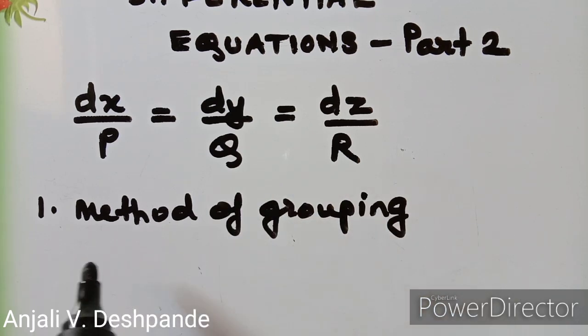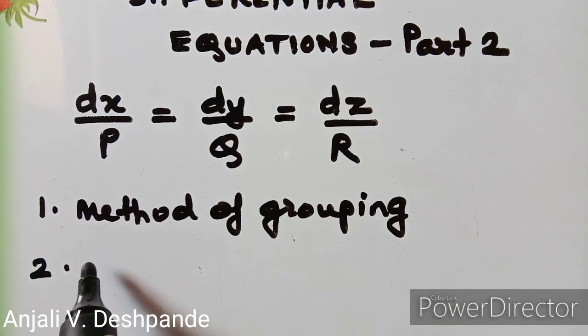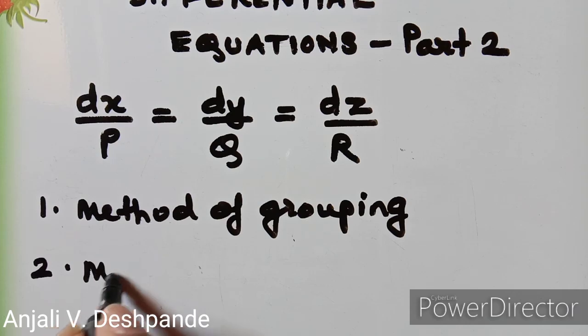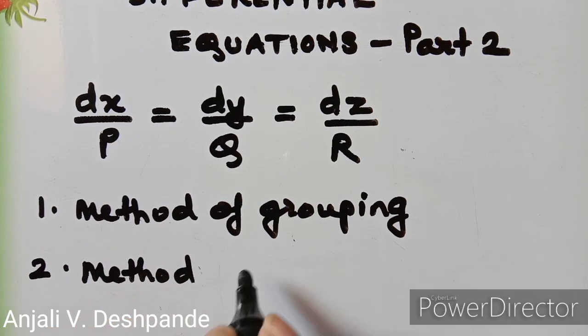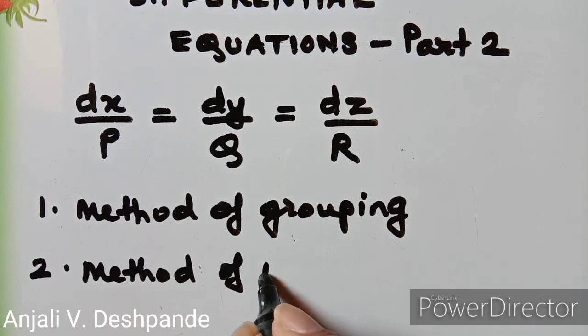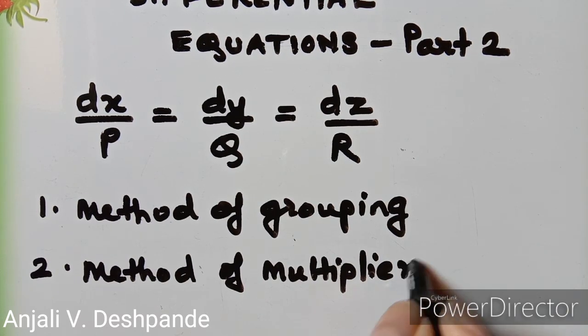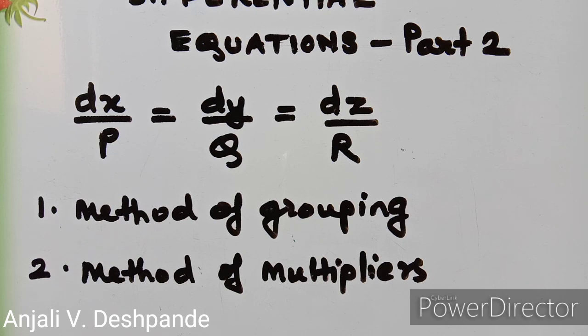Okay, and the second method which can be used to solve the simultaneous linear differential equations of the symmetric form is called the method of multipliers.